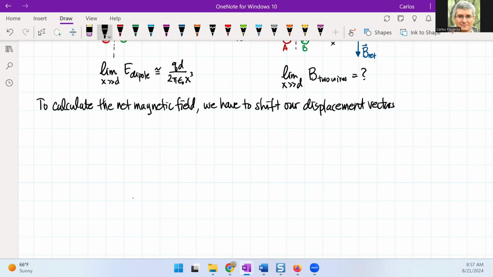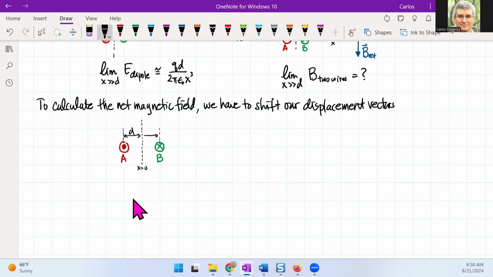In other words, if I have a magnetic field like this, oh, excuse me, wires, and if I set my origin right here to be x equal to 0, then I could come in here and say, if this is my distance here, I know that this distance here is d.